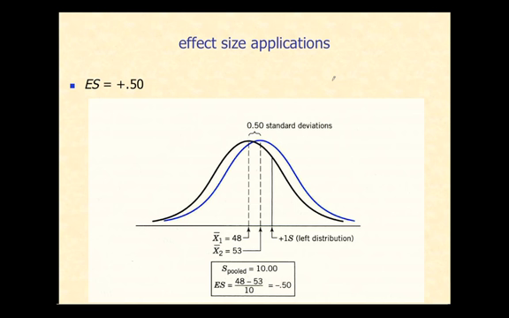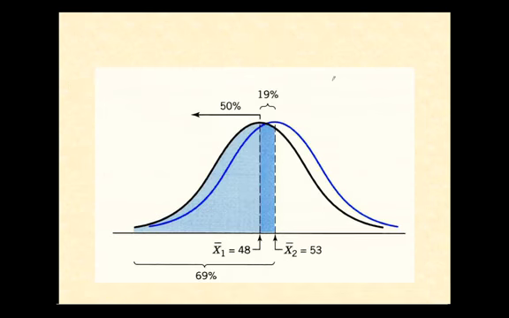If we look at these two distributions, they're offset by one half of one pooled standard deviation unit. So what does that mean exactly? Well, 69% of... at the 50th percentile for distribution 2, whose raw score average was 53, that is the 69th percentile for distribution 1, whose raw score average was 48.